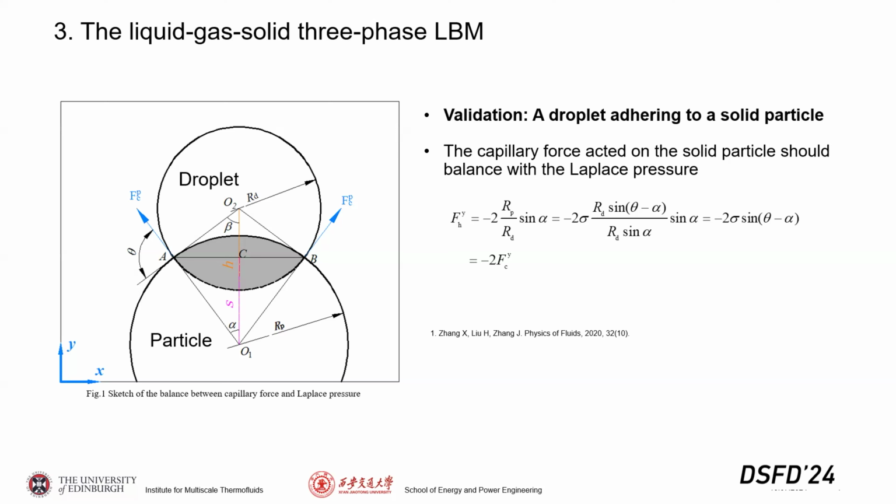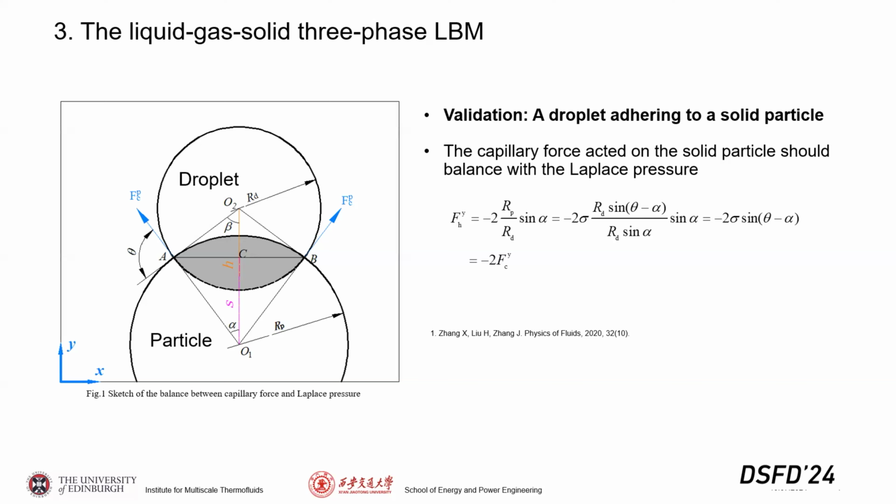The first validation case is about a droplet adhering to a solid particle. Consider a droplet adhering to a solid particle in the bulk phase. If there is no perturbation at the initial step, the particle and droplet should be static.